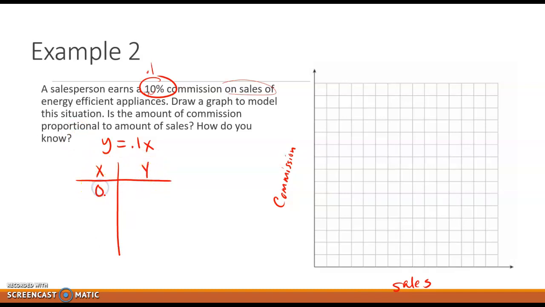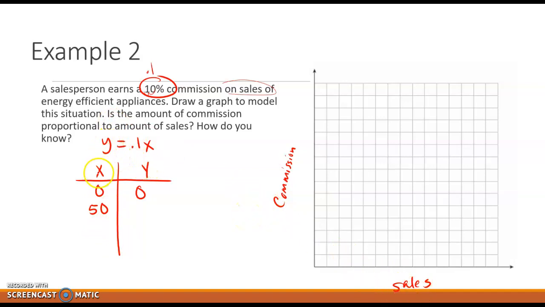Now, we can't sell negative items. So that's why we have a coordinate grid here. If I sell 0 items, then I earn 0 amount of money. If I sell 50 items, or sorry, $50, because that's the amount of our sale, we get 10% of the sale.